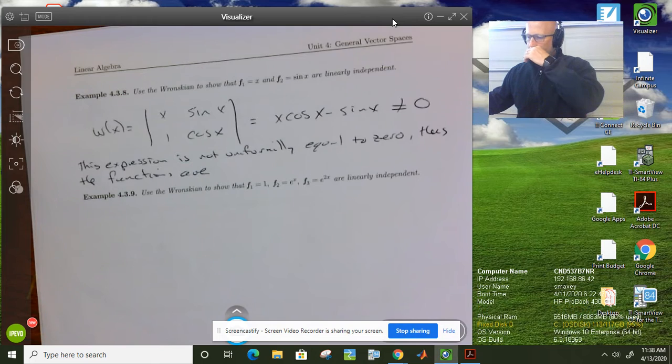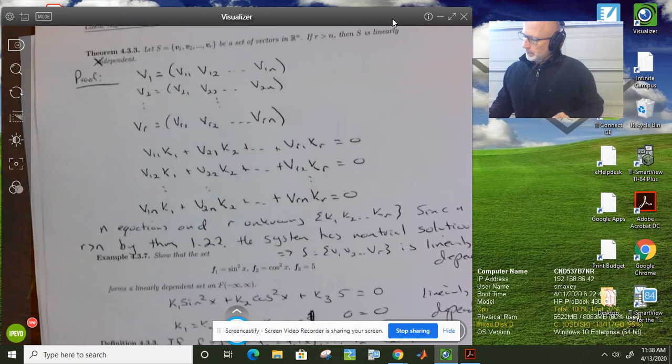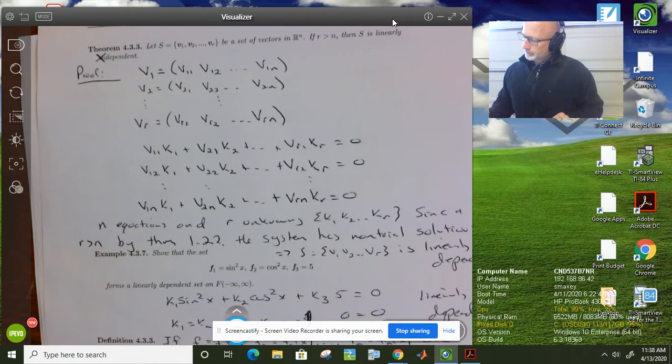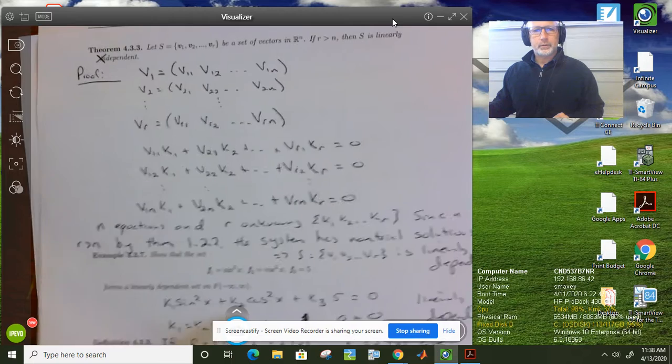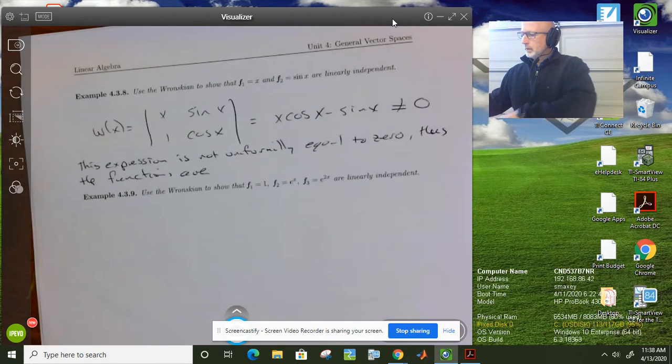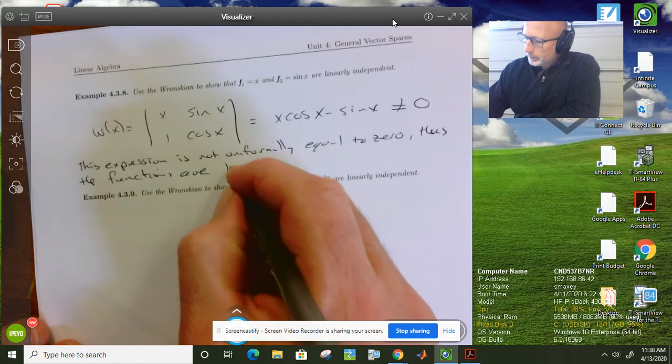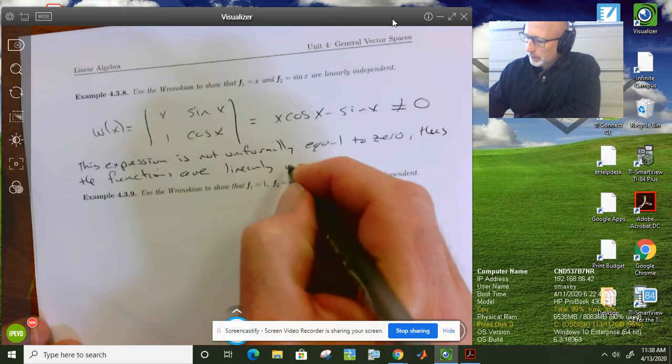Okay, so go back to the prior page. Linearly independent set of vectors. Okay, are linearly independent.